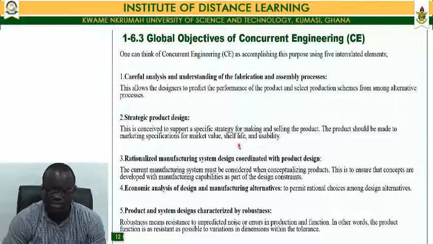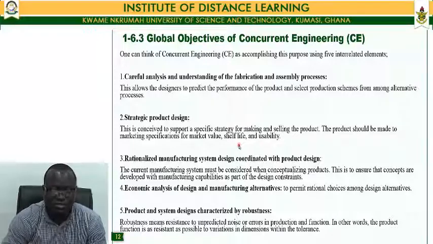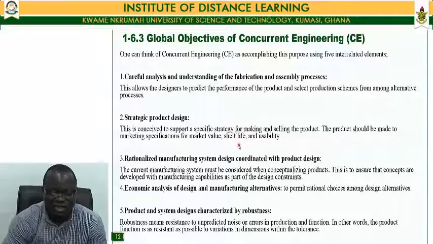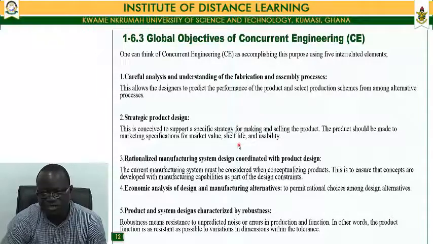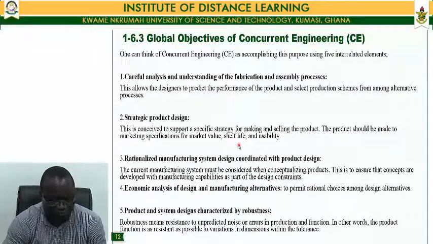So they have a product and system design that is so robust that it is resistant to some changes in dimensions and tolerances and function. Benz cars have maintained some dimensions and some design, the shape and other parts have consistently remained as they are because of this concurrent engineering strategy that they employ in their manufacturing.